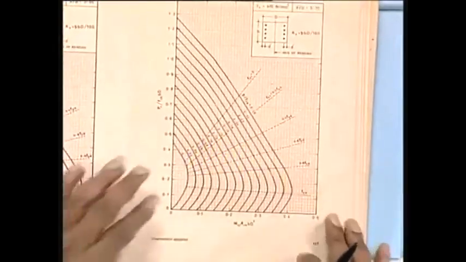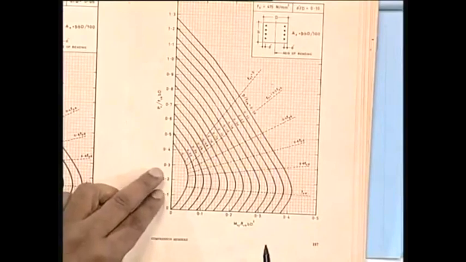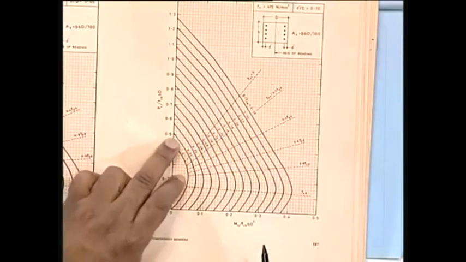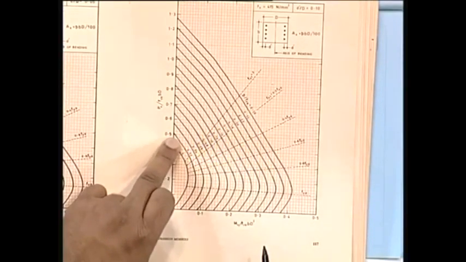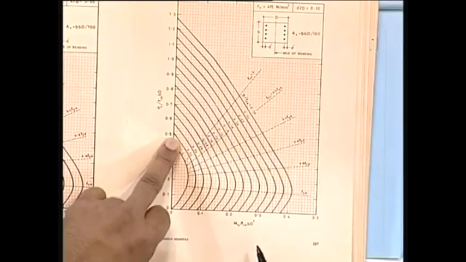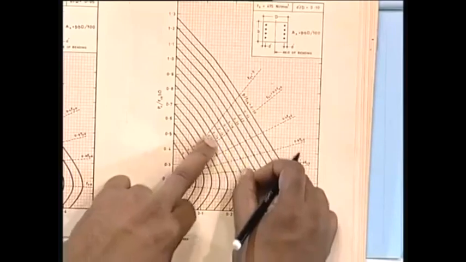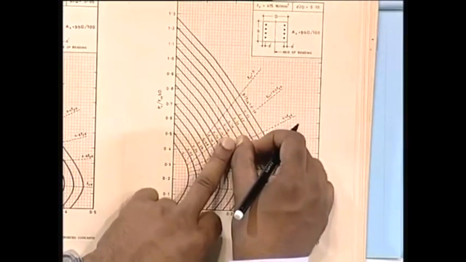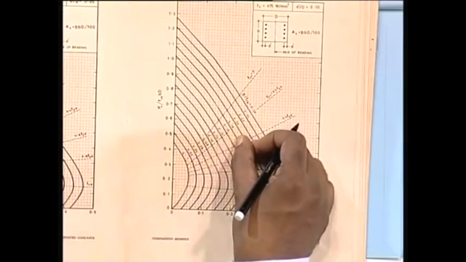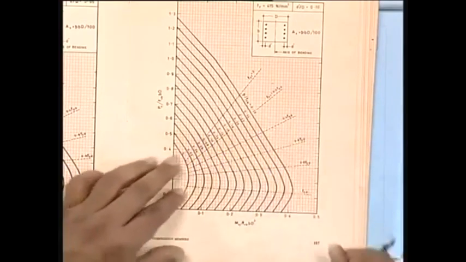So what we can do here, we can find out 0.5, just to tell you this is 0.5, and we have 0.26. So 0.26 is somewhere here. So wherever it cuts, it will cut somewhere at this value, and that value we have to take, that p by fck.